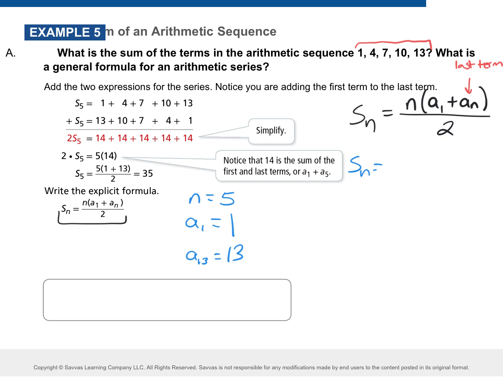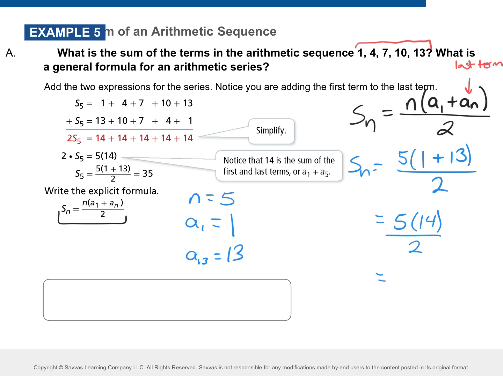Okay. We have everything. Now we plug it in. We said N was 5. A_1 is 1. A_N is 13. Divided by 2. Now we just have to solve this. What do I want to do first to solve? Parentheses. 1 plus 13? 14. Divided by 2. 5 times 14. 60?